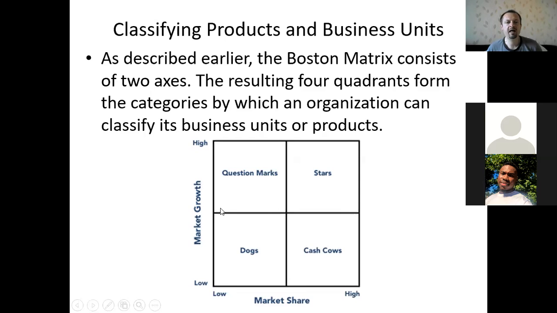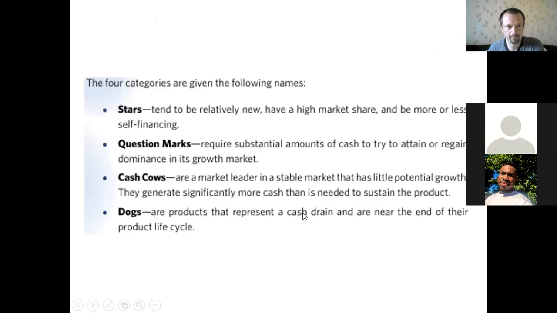If we have a relatively small market share at the market which is growing, we name these strategical business units question marks. And dogs means that strategical business units have a small relative market share and the market is not growing. Here is the explanation for every box of this matrix.